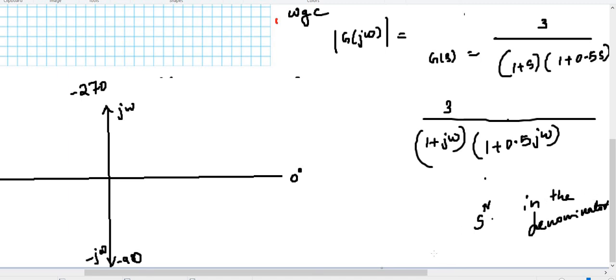So the type number is related to the number of open loop poles at the origin.